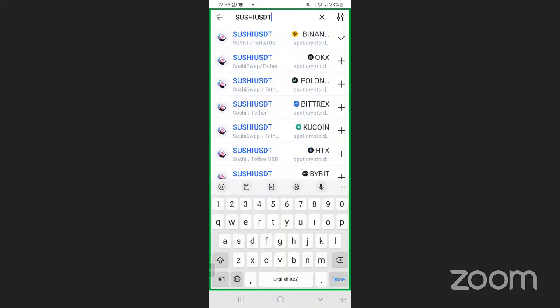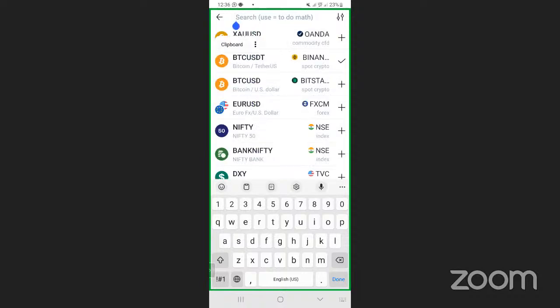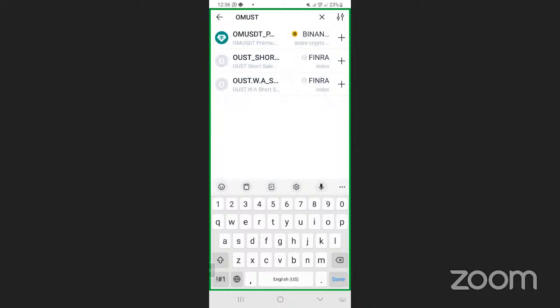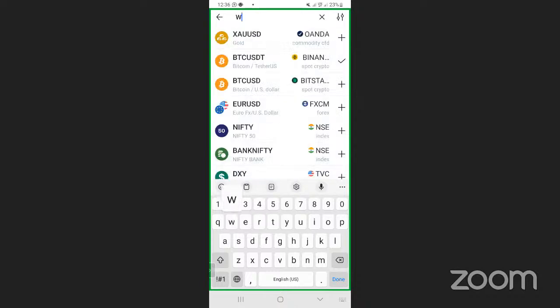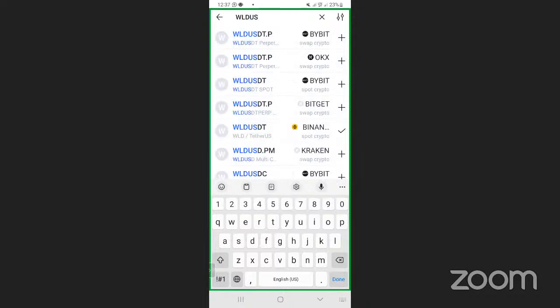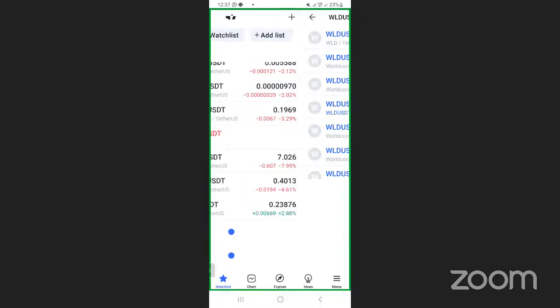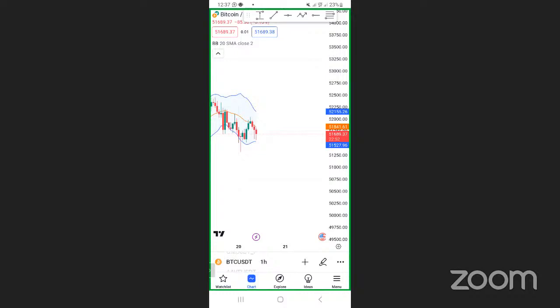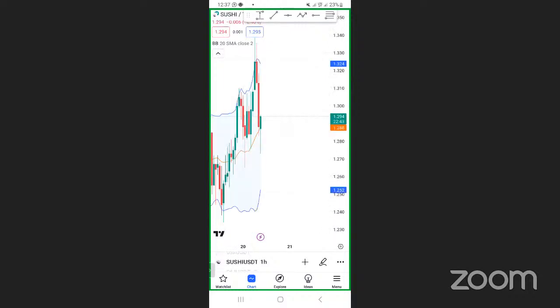So you know how to add that on your checklist. You've said OM, so I'm going to check OM USDT, then add it on the watch list. You have also told me to look at Worldcoin USDT. Okay, it's already on my watch list. So let us start with Sushi. Sushi is this one. Okay, I want us to look at it.